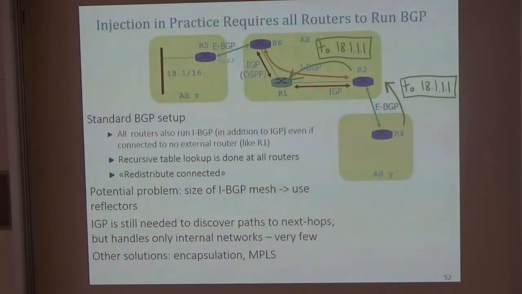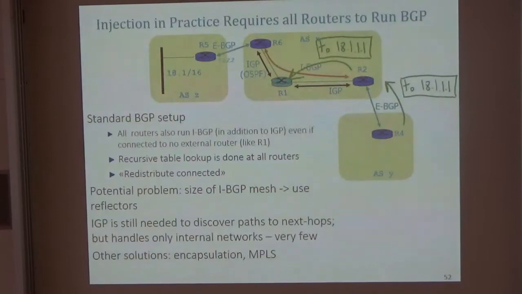If a domain is well structured, if it has a layered structure, then it's possible to optimize. But in theory, that means we need to run BGP everywhere, which means a large size of the iBGP mesh. We will see in a minute that there are optimizations for that. We can use various optimizations to address this problem. There is another solution.